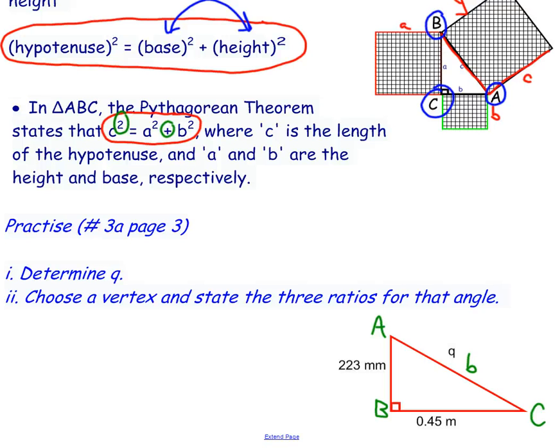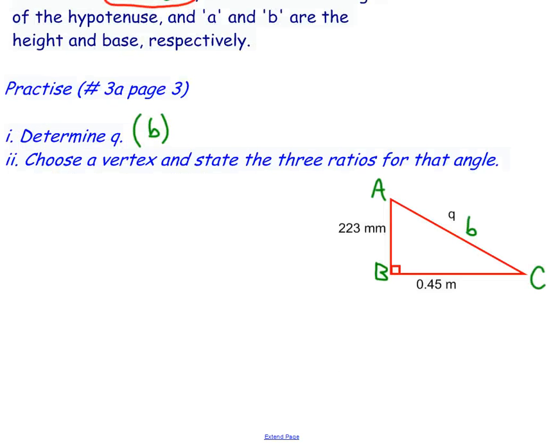So this question says determine Q. I'm going to actually determine little b. Just make the adjustment here. So determine Q or b. In this case, it's the hypotenuse. So the formula that I would write would be b squared equals a squared plus c squared. And that's consistent with hypotenuse squared equals, in this case, base squared plus height squared.